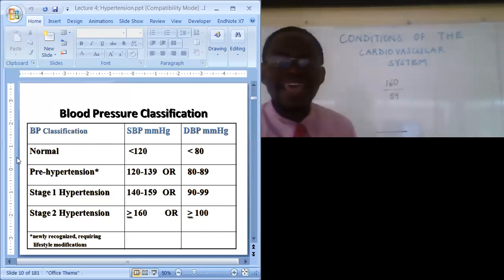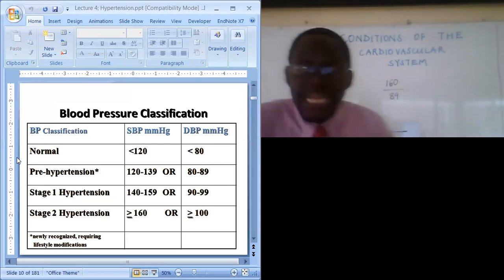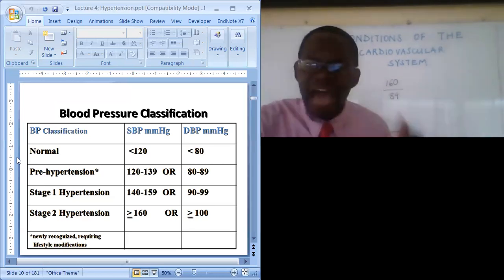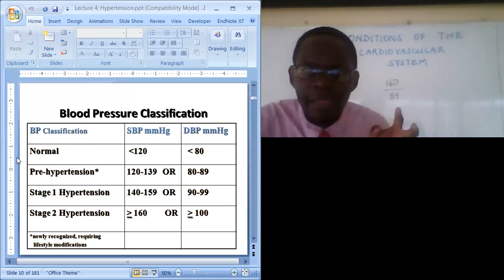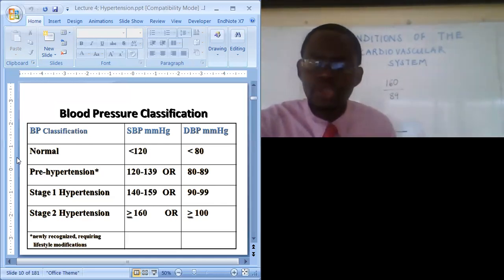They have a systolic blood pressure of 160, but the diastolic is normal; the systolic is elevated and falls within stage 2.